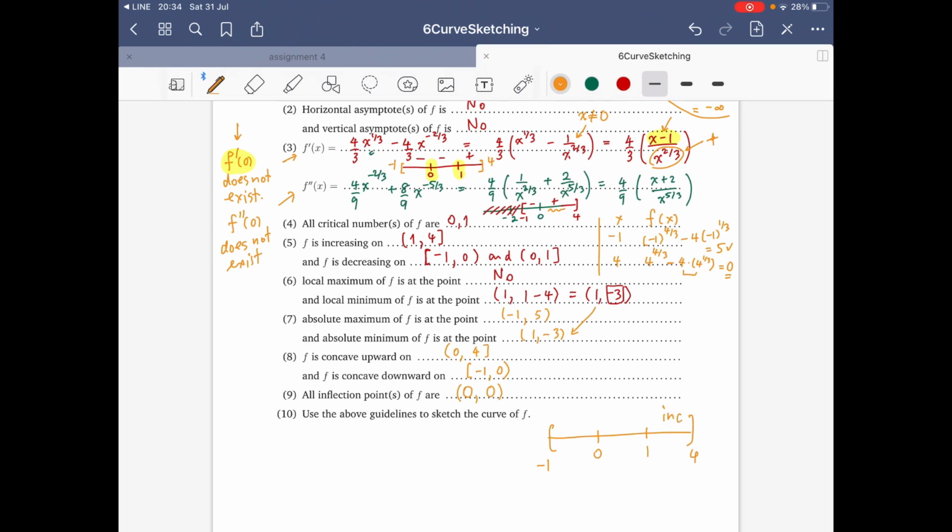Between 0 and 1, it is decreasing and concave up. And less than 0, it is decreasing and concave down.